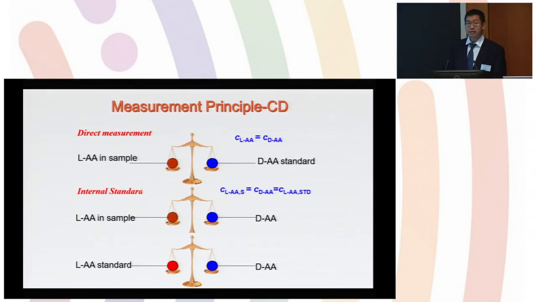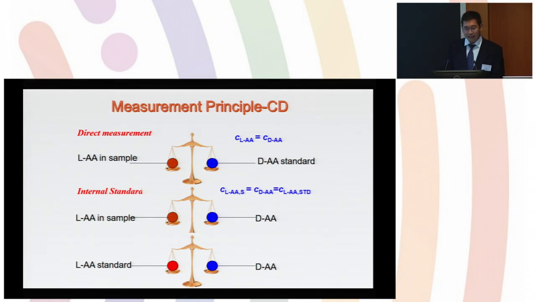So we can use D-type amino acid as standards to quantify L-amino acid in the samples directly. And if the balance is in equilibrium, that means the amount of L-amino acid in the sample is equal to the amount of D-amino acid in the standards.